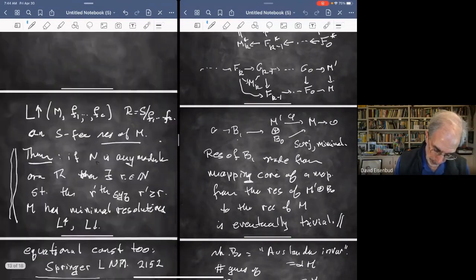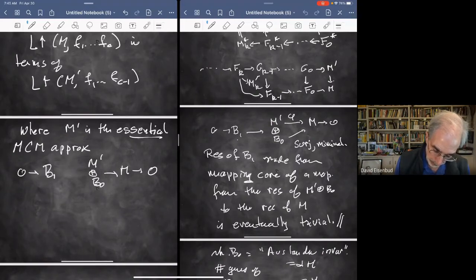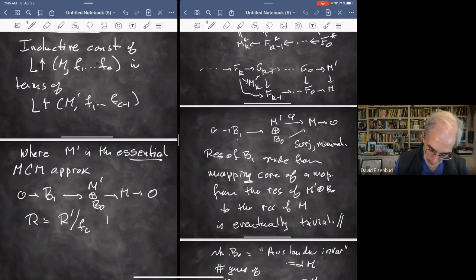So I'll have an approximation sequence: 0 to M prime plus B naught goes to M to 0, and B1. And now notice that R I could describe as R prime mod Fc, where R prime is S modulo F1 up to Fc minus 1.